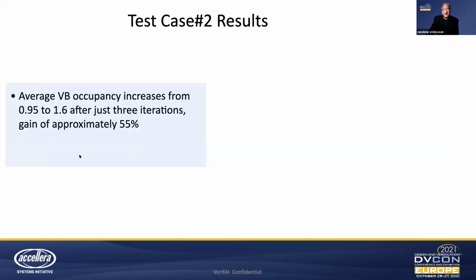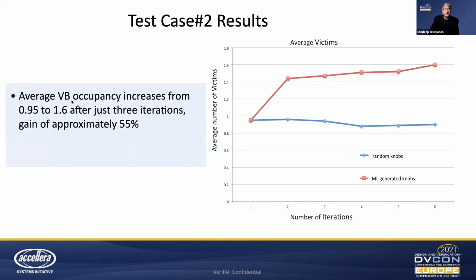So the results again were pretty dramatic. The average victim buffer occupancy increased from 0.9 to about 1.6 in just 3 iterations. And again, a very similar picture. The blue line shows you random inputs to the Google instruction generator, and it shows that the average victim buffer count never exceeds 0.9.